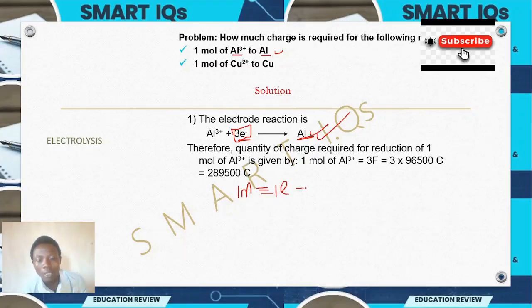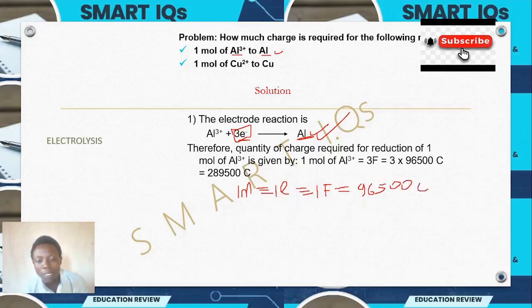And that will also be equivalent to 1 Faraday, and 1 Faraday is equal to 96,500 coulombs. Good. 96 what? 500 coulombs. Good. So you must master this.